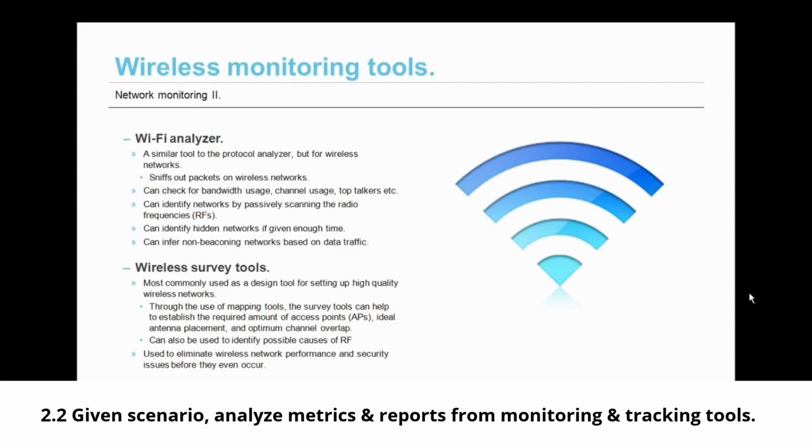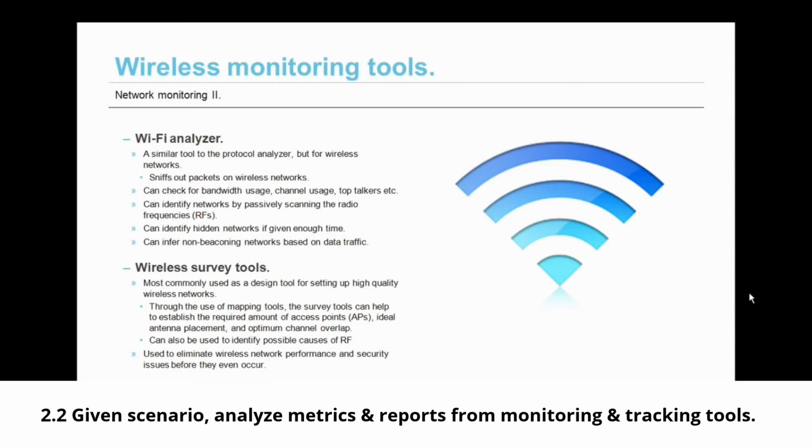Another type of wireless monitoring tool are wireless survey tools. They're most commonly used as a design tool for setting up high-quality wireless networks. When used in conjunction with mapping tools, the survey tools can help to establish the required amount of access points to get the proper amount of coverage, the ideal antenna placement, and the optimum amount of channel overlap.